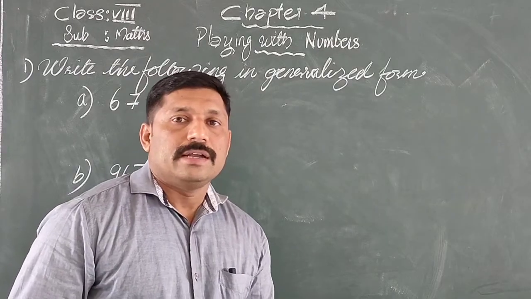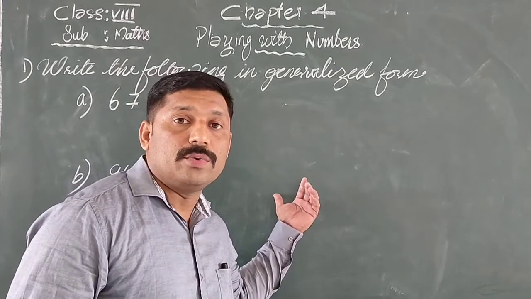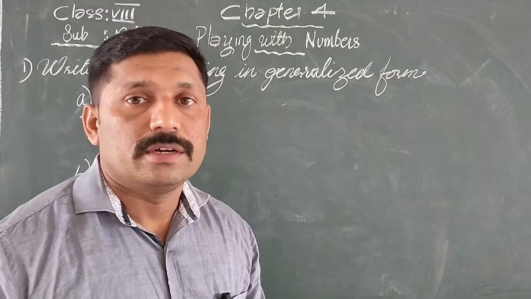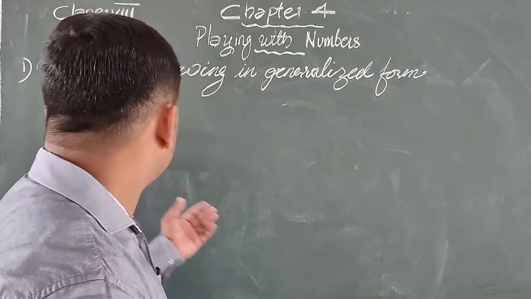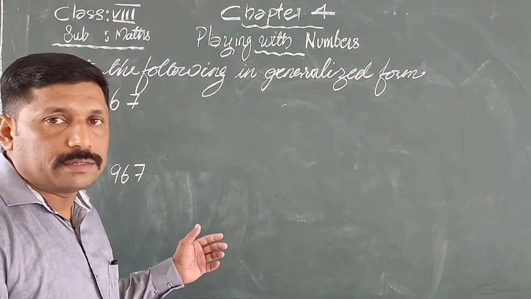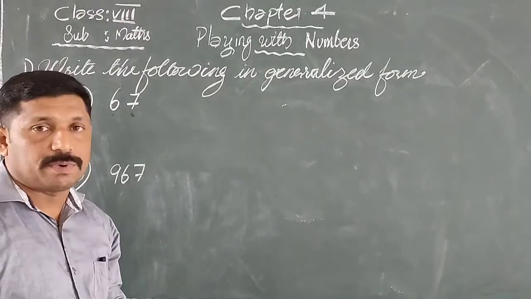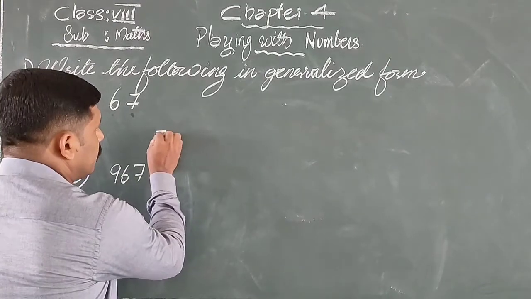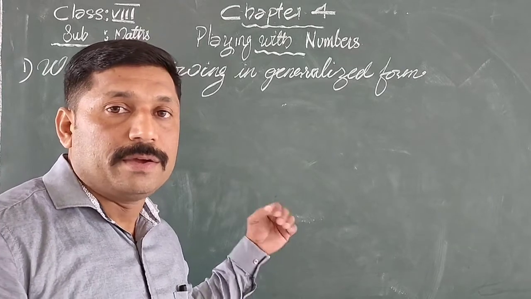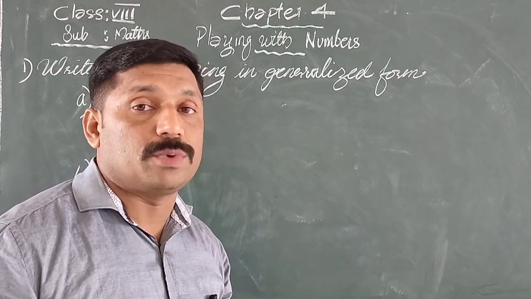Okay, children, now we solve this question to understand how we can change a number into generalized form. Let us see. 67 is a 2-digit number; 7 is in the ones place and 6 is in the tens place. In order to write 67 in generalized form, we have to multiply each digit with its place value.